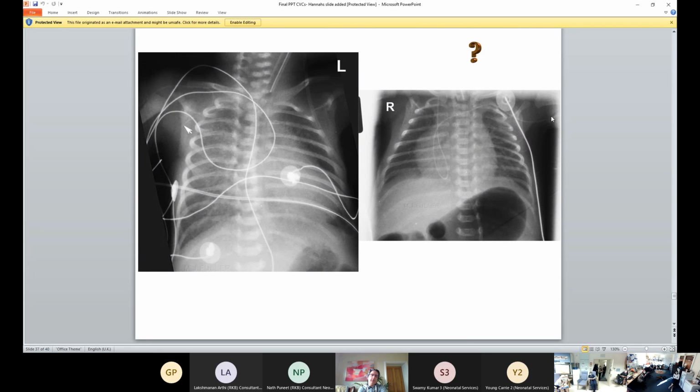This is a long line from the left upper limb going through the superior vena cava, and it looped and then went up through the superior vena cava again.